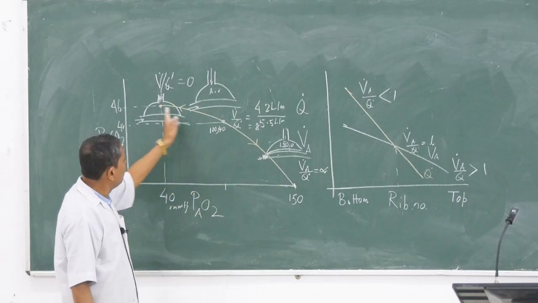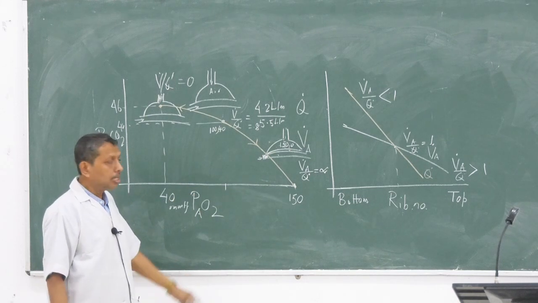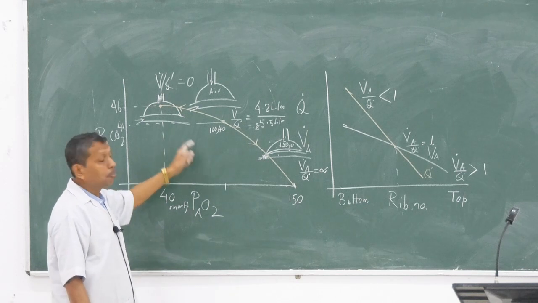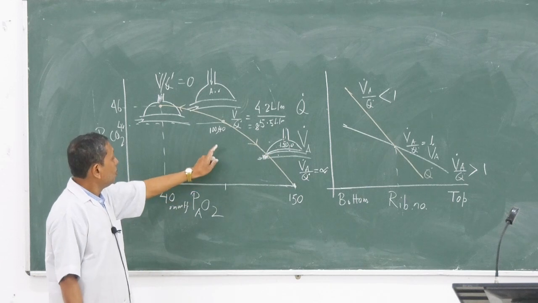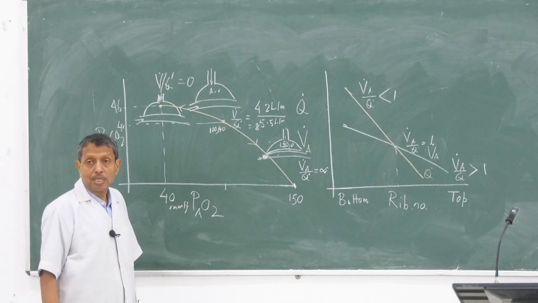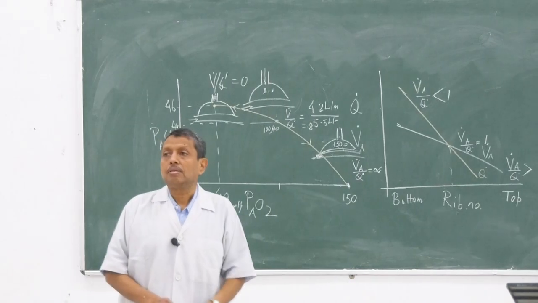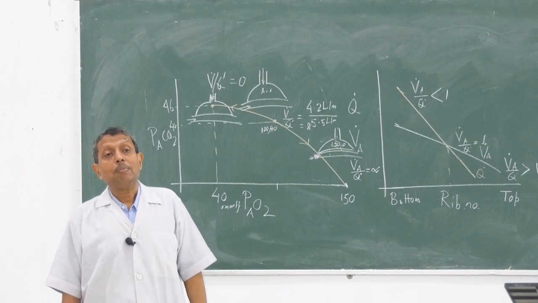But in disease cases, it will remain within these points. It is a unique diagram for having a concept regarding ventilation and perfusion in different sites of the lung, and also these diseases. Whatever the fluctuation in diseases, in most of the diseases there is some disruption of these ventilation ratios.